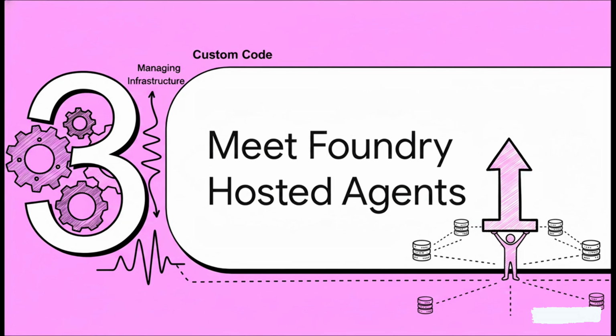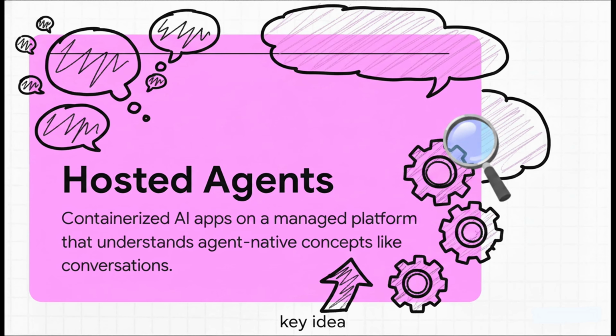But what if you need the power to run your own custom code without the massive headache of managing something like Kubernetes? Well, this is where things get really interesting. There's a new category of tools emerging that hits that perfect sweet spot. And that's the whole idea behind Foundry Hosted Agents. See, they're not just a generic box to run your container in. They're part of a managed platform that is agent-aware.